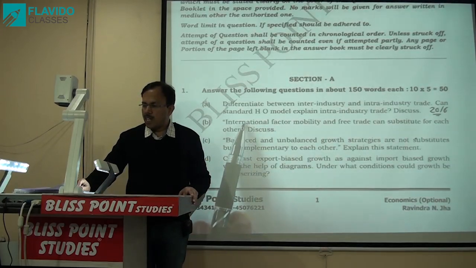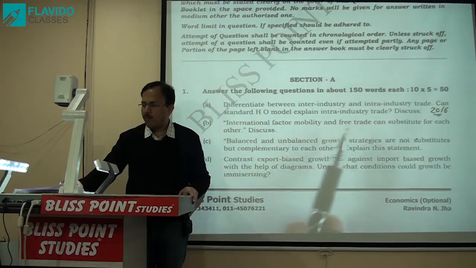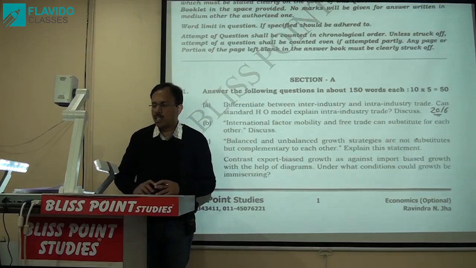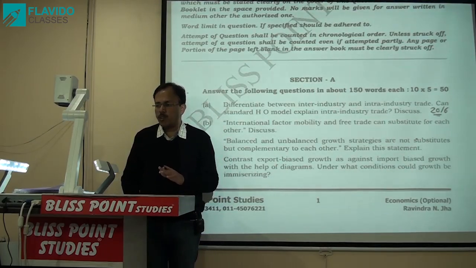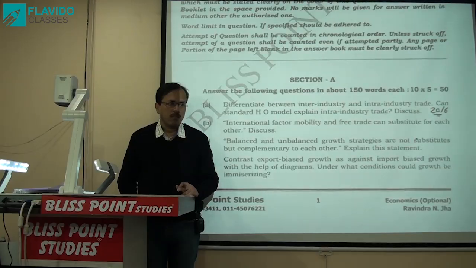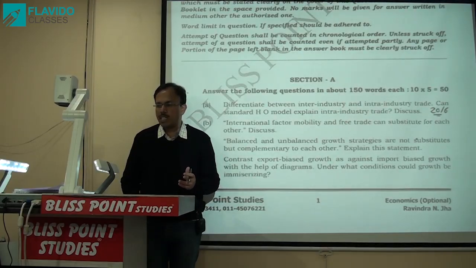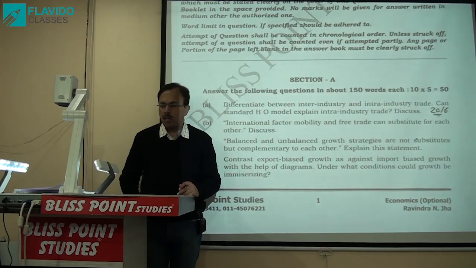It says international factor mobility and free trade can substitute for each other. So if there is free trade, it is substituting for labor mobility or capital mobility. What is it exactly trying to explain?